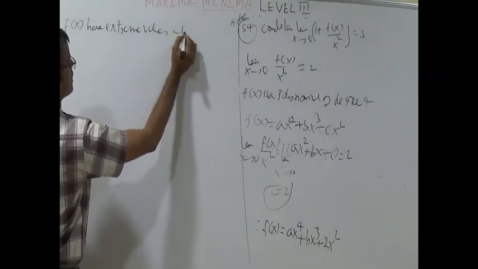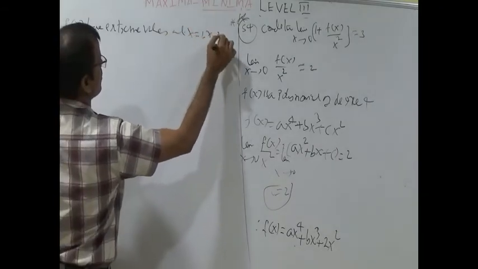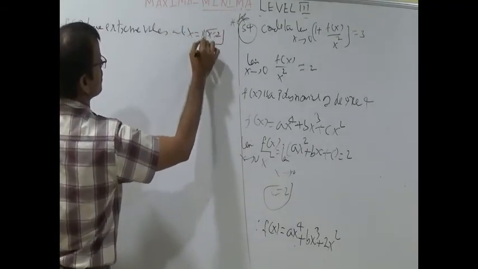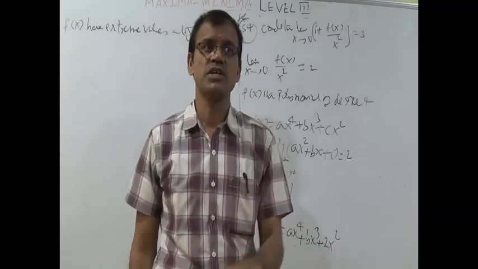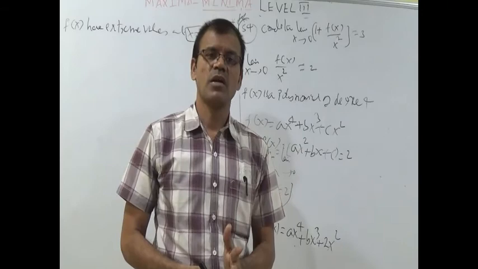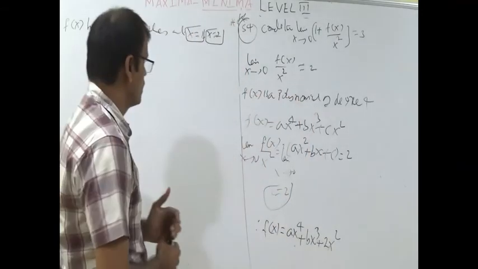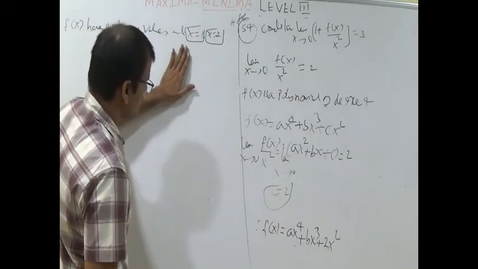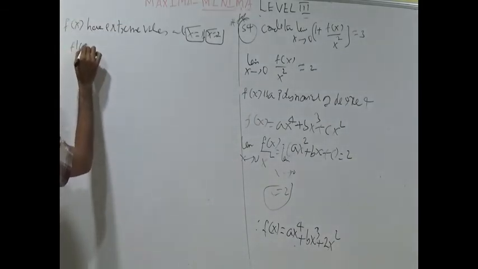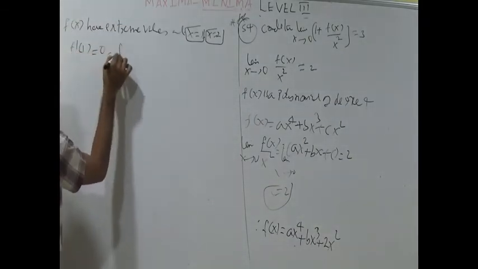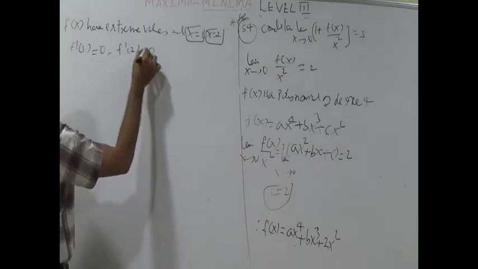What is meant by extreme values? Whether the function is min or max, that decides the value at x equal to 1. No problem. That means f dash 1 equal to 0 and f dash 2 is equal to 0.